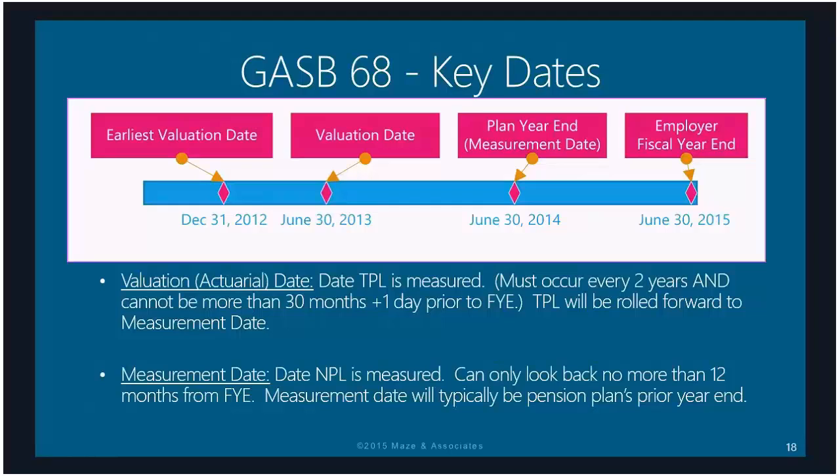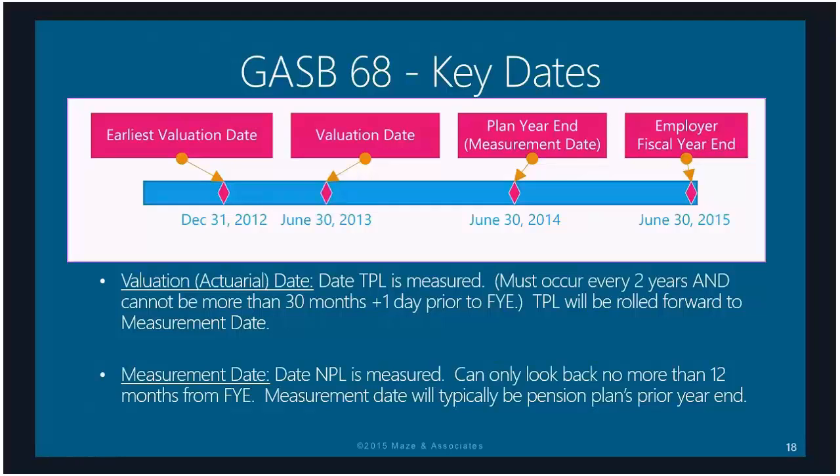This is when the total pension liability is measured. How much do you, as of that point in time, owe in total liability? How much do you owe for your pension plan, I should say. That being said, the key date I think to focus on is the measurement date.